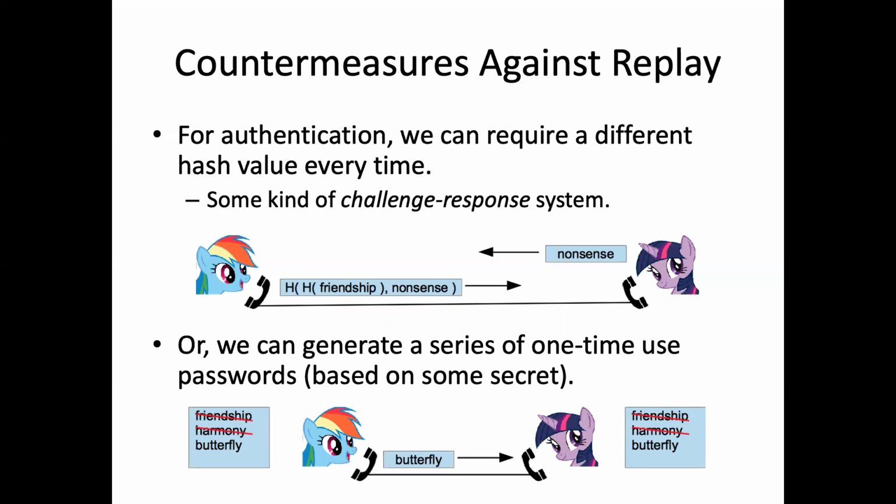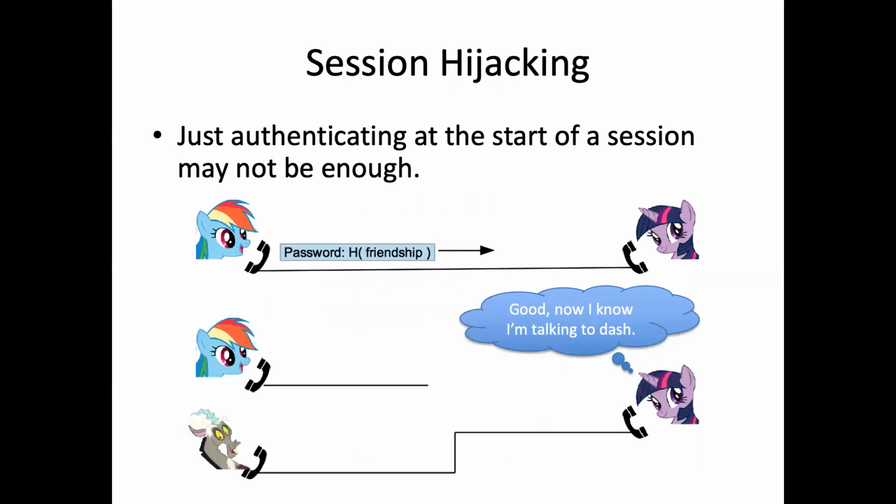Even with these countermeasures, even with a mechanism for authentication that's not subject to replay attacks, you could still be vulnerable to things like session hijacking. That's the idea that maybe someone successfully authenticates, and then once they've authenticated, you're willing to communicate with them and trust their identity. But session hijacking is an attack where you can take over a session once someone else has already authenticated.